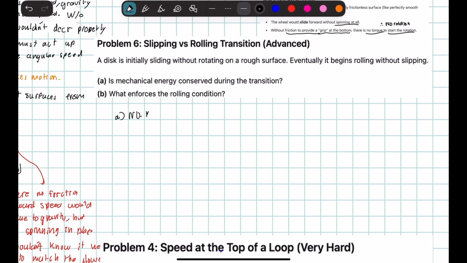No. Kinetic energy is lost as work is done while slipping occurs. B. What enforces the rolling condition? v is equal to omega R. Energy is not conserved during slipping, and also static friction is what enforces the rolling.